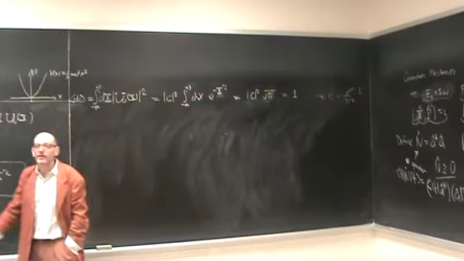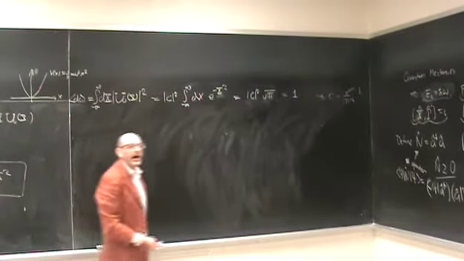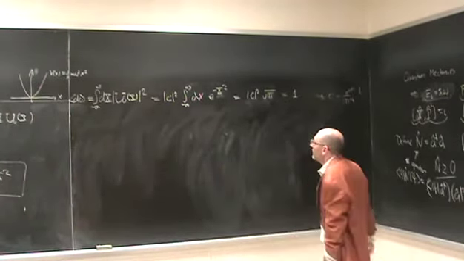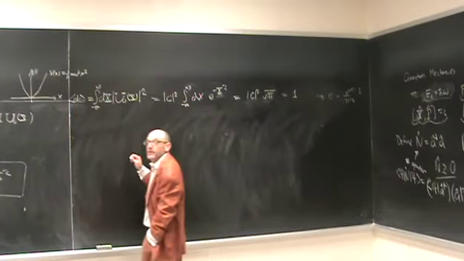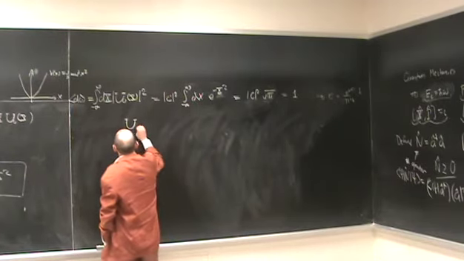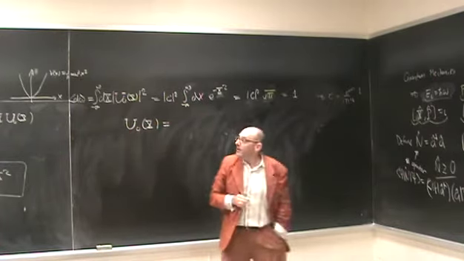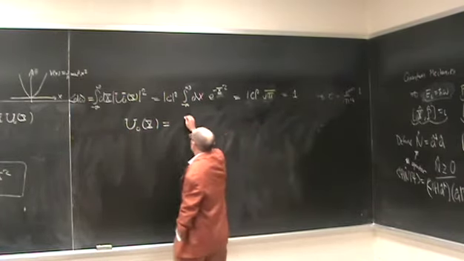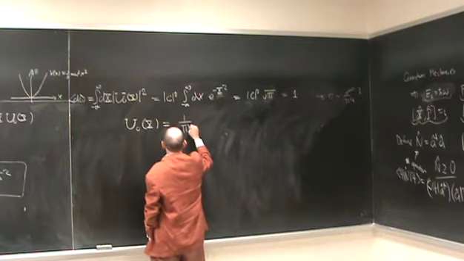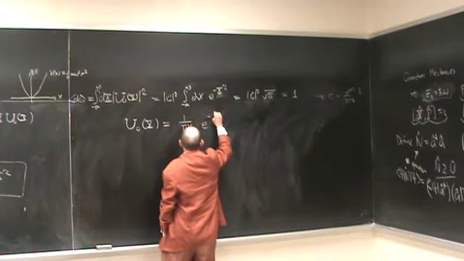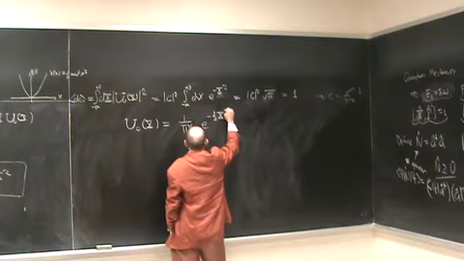Doesn't matter, but by convention, we do that. So in dimensionless units, u naught is 1 over the 4th root of pi times e to the minus a half x squared.